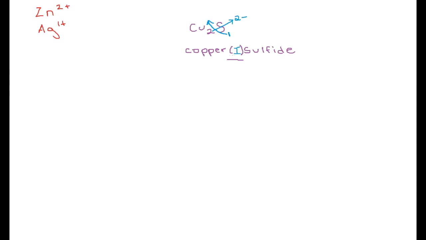And so I include that as the charge, and I am done with this. Okay, so keeping in mind as far as charges are concerned, Roman numeral I is +1, II is +2, III is 3, IV is 4, V is 5, and VI is 6.